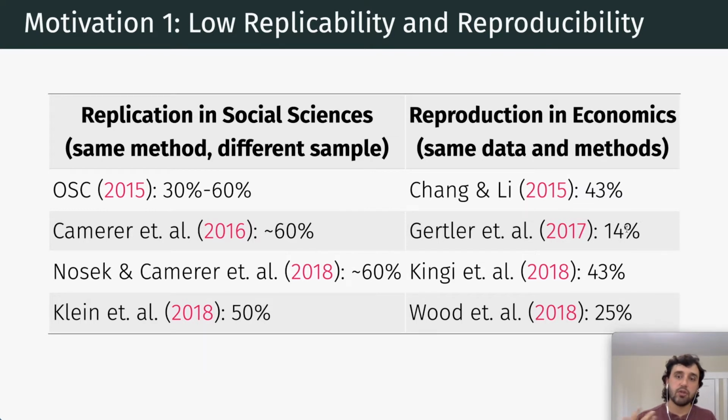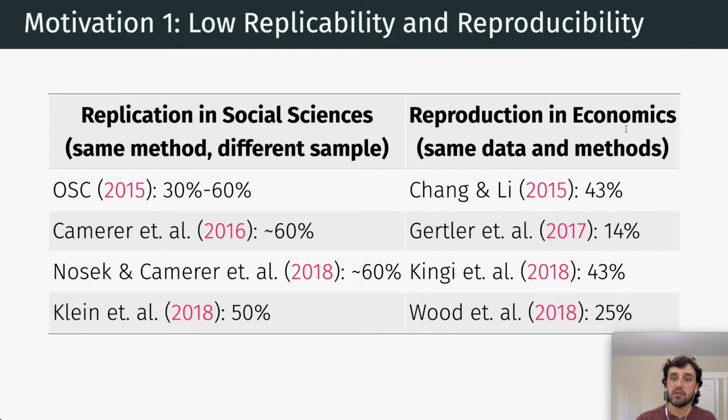By reproducibility, we understand using the same data and same methods and code and obtaining exactly the same results. For replication in the social sciences, there's a famous study by Nosek and co-authors, and the replicability rates at most have reached 60%, at least 30%.